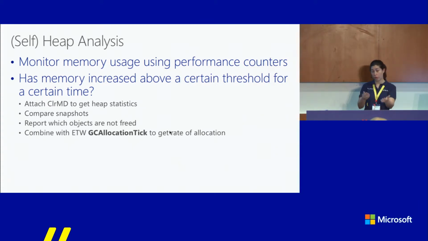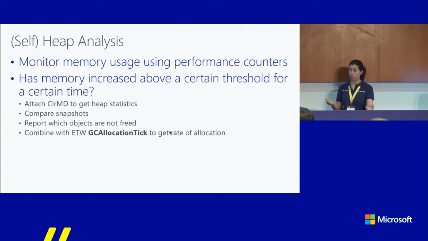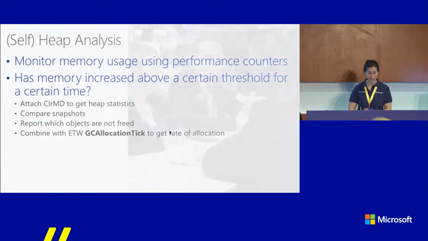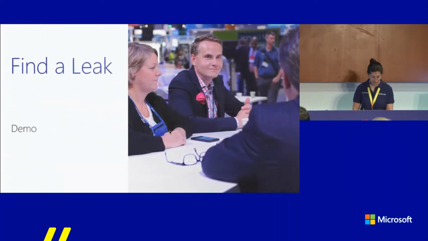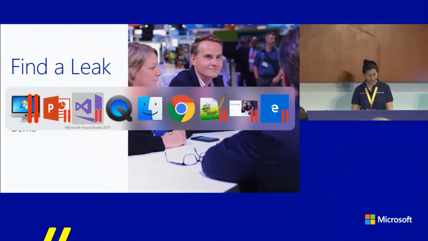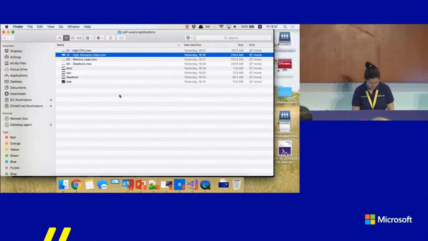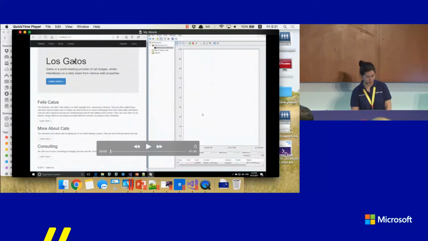And we can do that very similarly to what you just saw using CLRMD. If you want even further information, you might be able to correlate this data with the allocation information that you want to collect, but we won't do that right now. So let's see. Again, we start with a video of our memory leak.